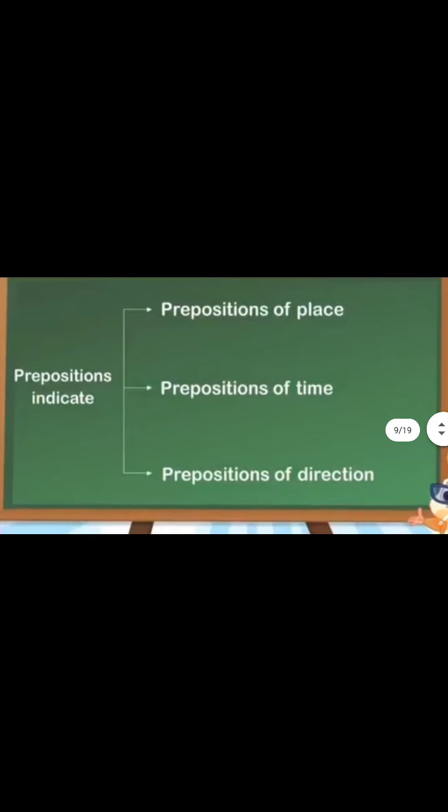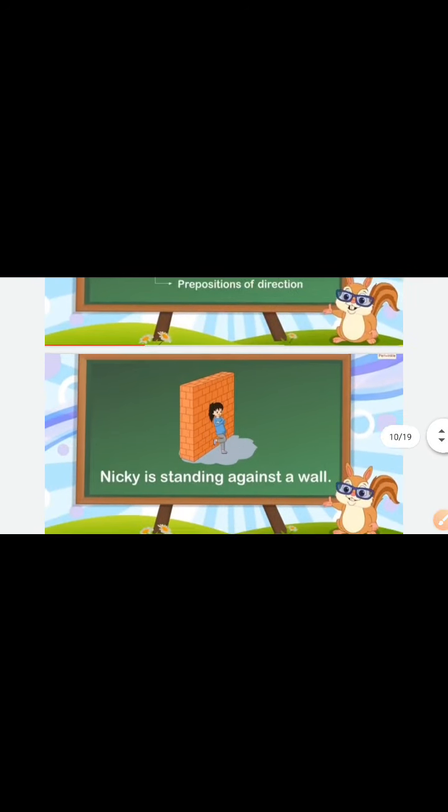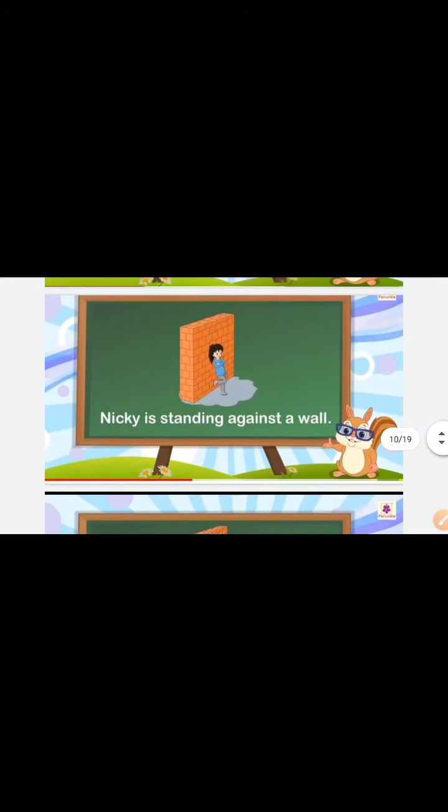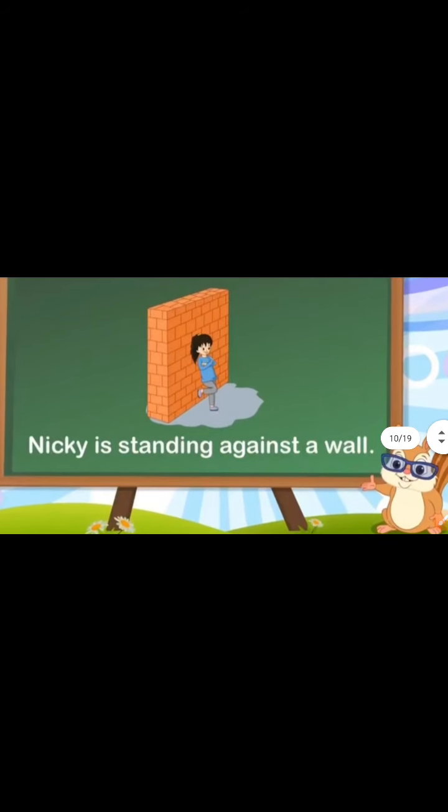Now prepositions are used to indicate the place of the noun or pronoun, which is known as preposition of place. Second is preposition of time, and then preposition of direction. We can easily understand these three through examples. You can see in this one, Nikki is standing against a wall. Nikki is a noun, she is a girl, and Nikki is a naming word, and she is standing against a wall.